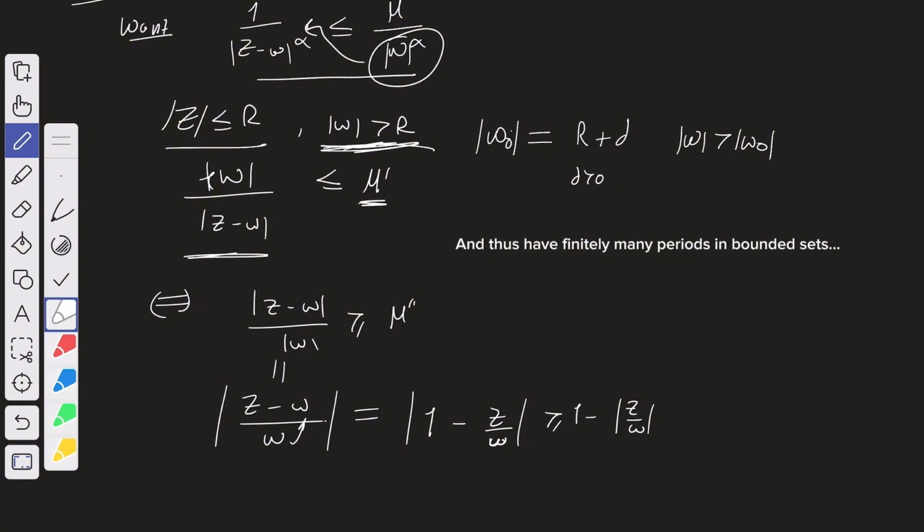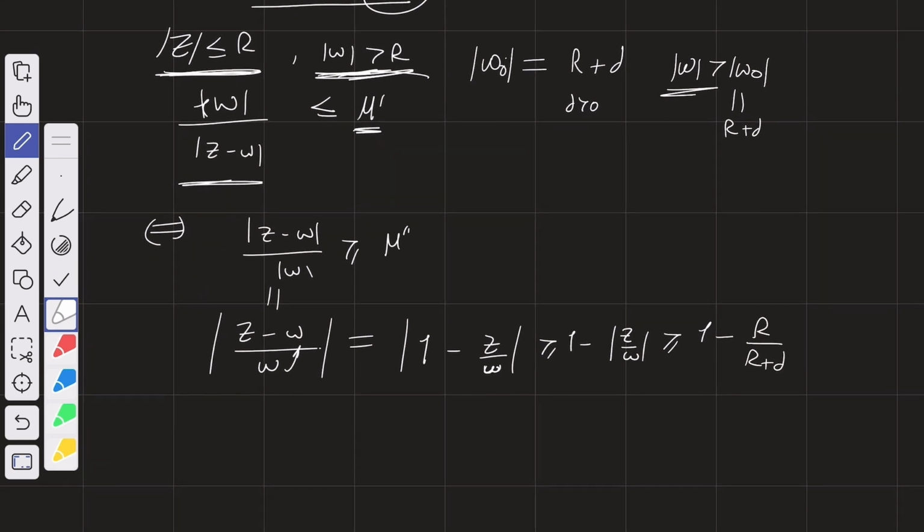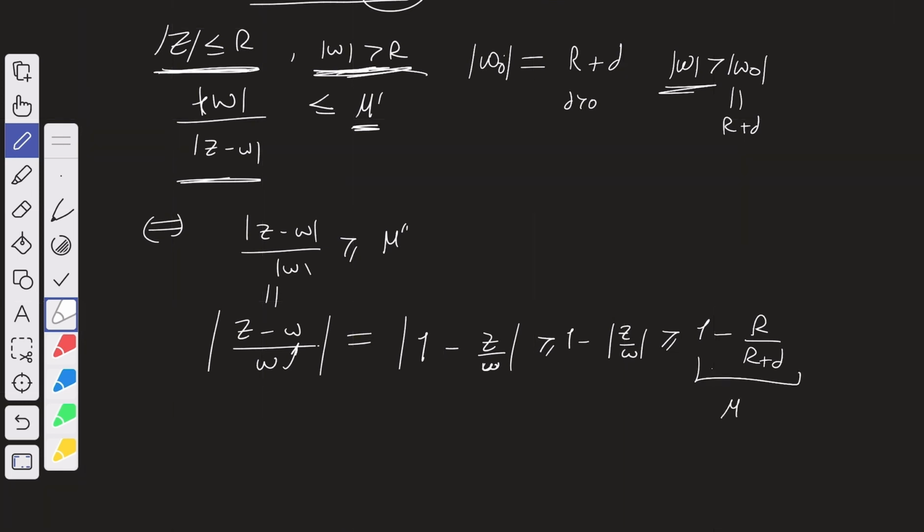So once we've done that, it follows immediately by this inequality that this thing is bigger than or equal to 1 minus r over (r plus d). And this is the M double prime we're looking for. And this completes the proof of the theorem, and this completes the video.